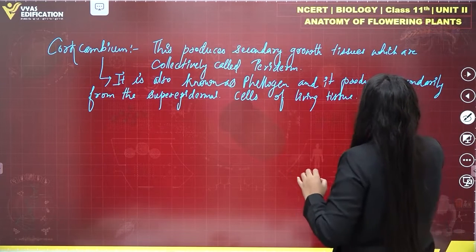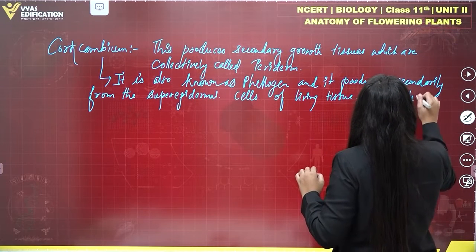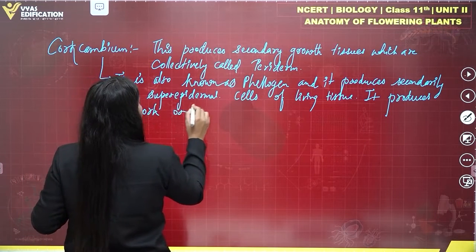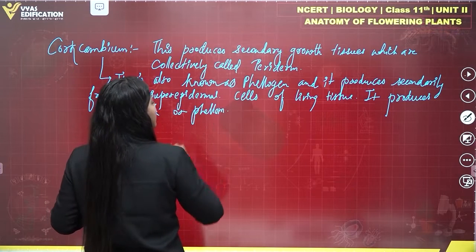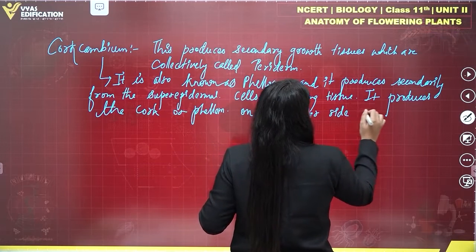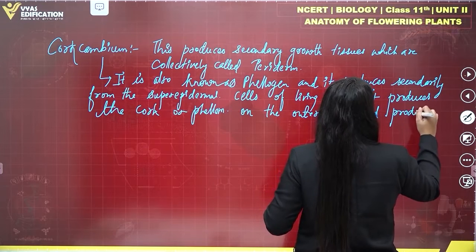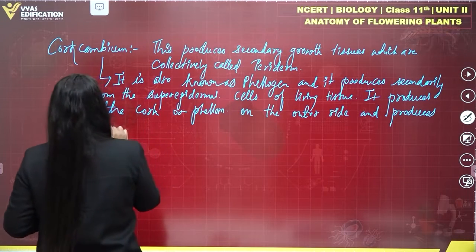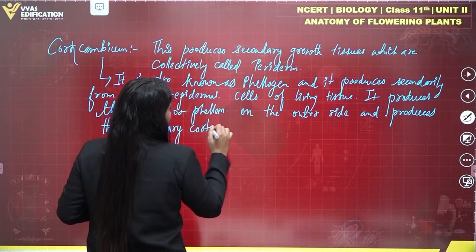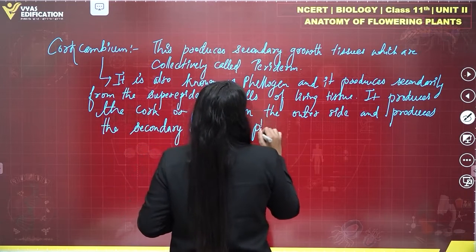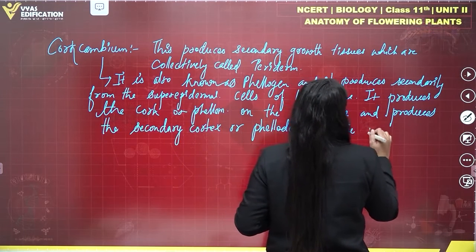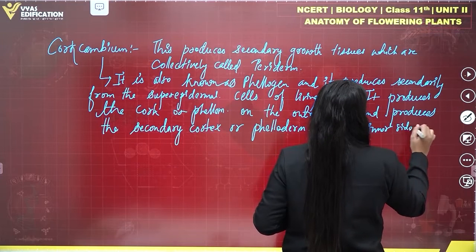Now what happens in the secondary growth, or how this Cork cambium helps in the secondary growth in dicot stems? So it produces the cork or phellem, because this cork is also known as phellem, on the outer side, and produces the secondary cortex, also known as phelloderm, on the inner side, right?